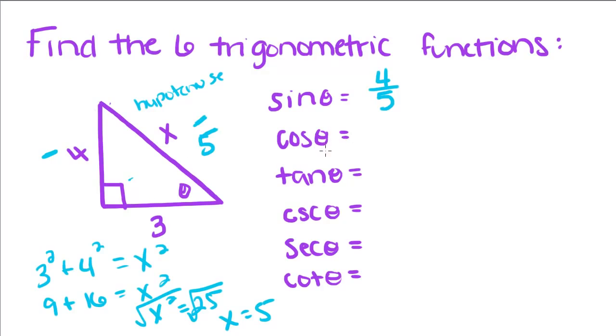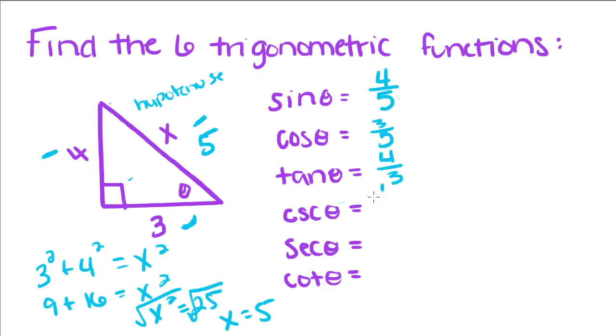So cosine is adjacent over hypotenuse. So next to it is 3 over the hypotenuse, which stays the same because this is still the hypotenuse of this triangle. Tangent is opposite, which is 4, over adjacent, which is 3.